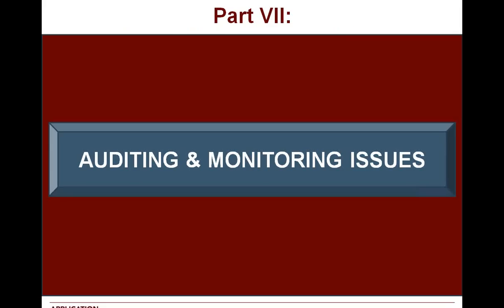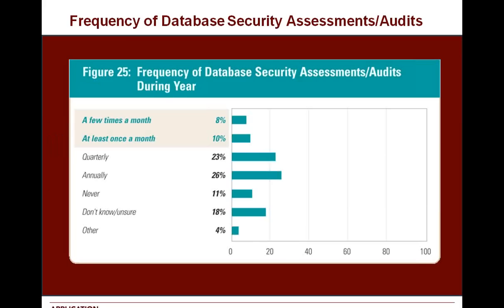We looked at auditing and monitoring issues, and many companies regard data security auditing and monitoring as critical best practices, and they are, but they're often only part of the data security story.